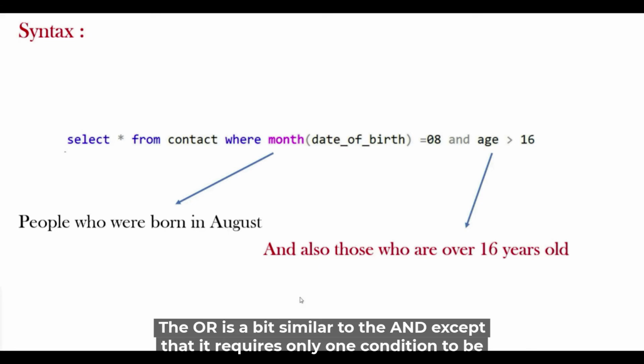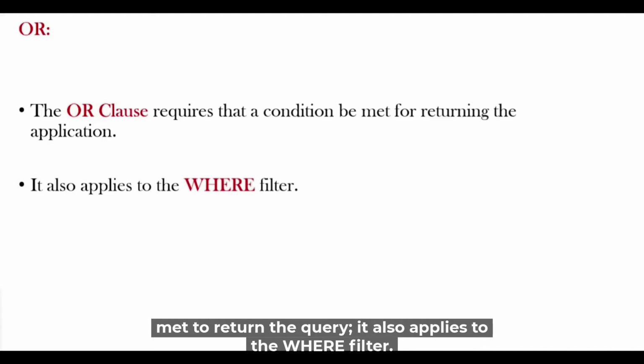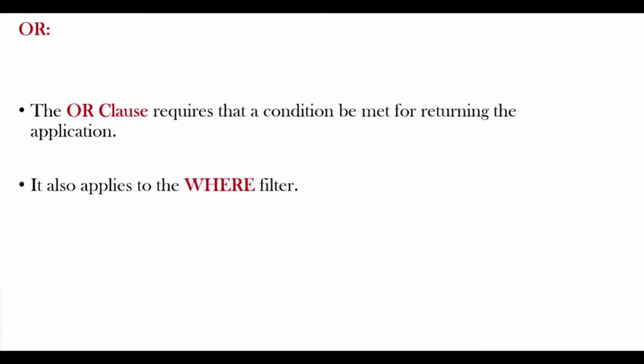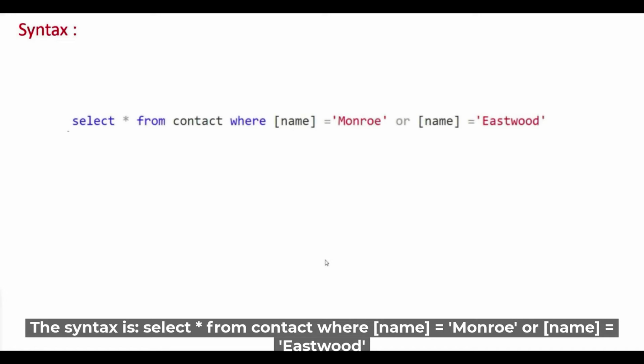The OR is a bit similar to the AND, except that it requires only one condition to be met to return the query. It also applies to the WHERE filter. The syntax is SELECT FROM my table WHERE name equal Monroe OR name equal Eastwood. Okay?